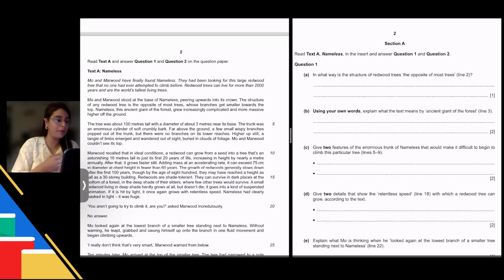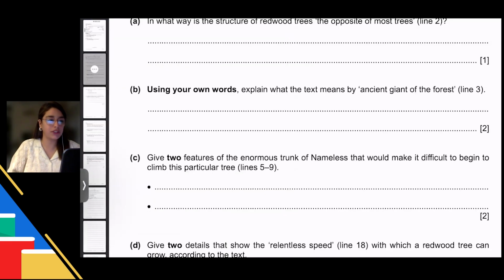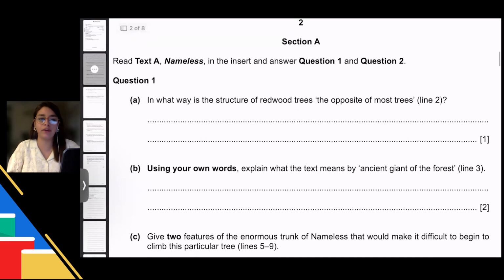What that basically means is that the first step for all students is to read through the question paper very, very carefully and make sure you are able to identify what the question asks you. The command word in each question will help you identify whether you are expected to rephrase, whether you're expected to lift off from the text or not, or you're expected to infer any information on your own based on what you have read from the text.